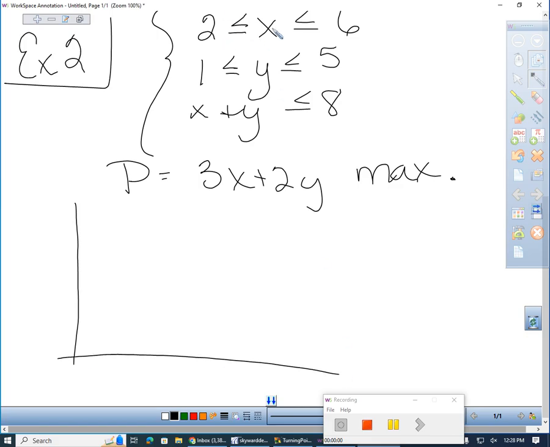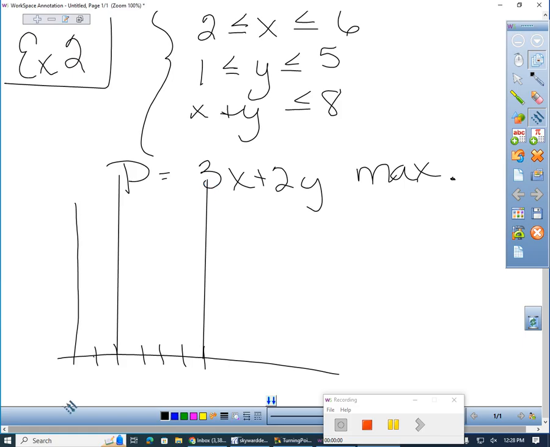So this says that x falls between 2 and 6. What kind of lines are x equal lines? Up and down, vertical, right? So I'm going to have a vertical line at 2 and a vertical line at 6. Here's a vertical line, and then 3, 4, 5, 6. Here's a vertical line. And right now I am shading in between those.